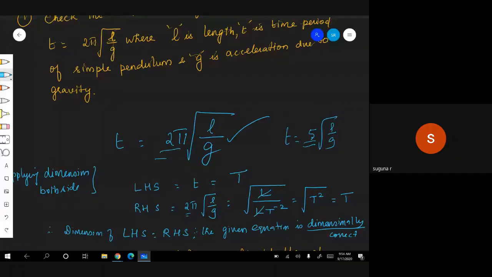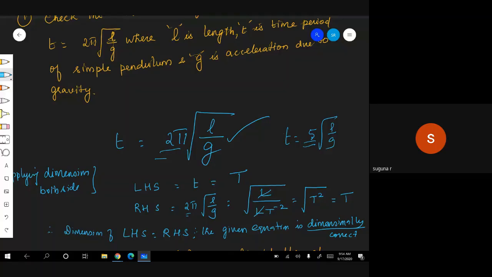Why? Because the LHS dimension is equal to the RHS dimension. You are only asked to do the dimension check. Whether the number is correct or not, the constant value is involved, and dimension doesn't have any say on it.